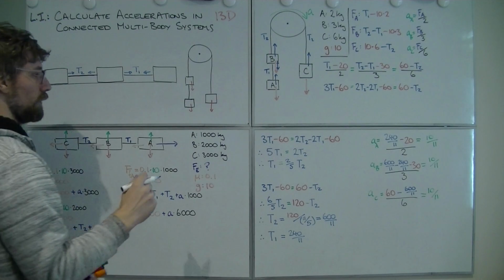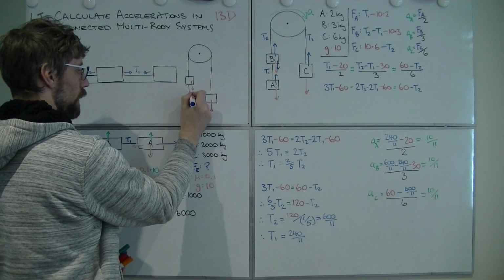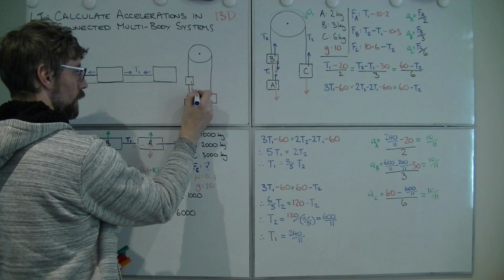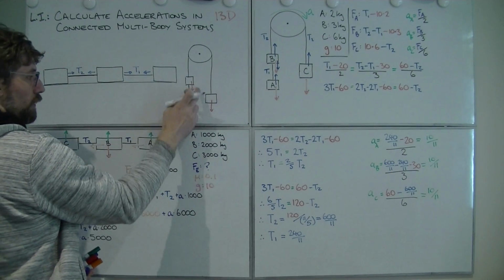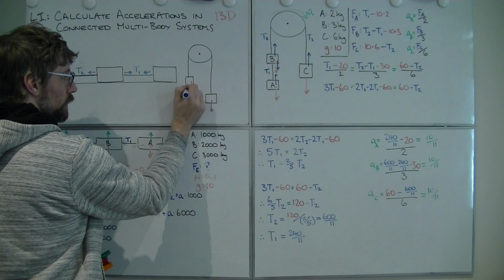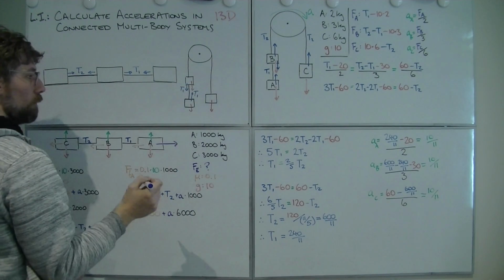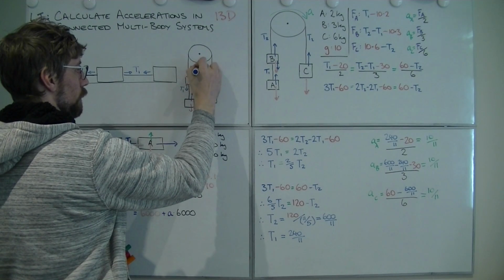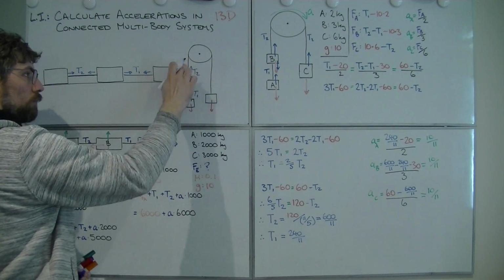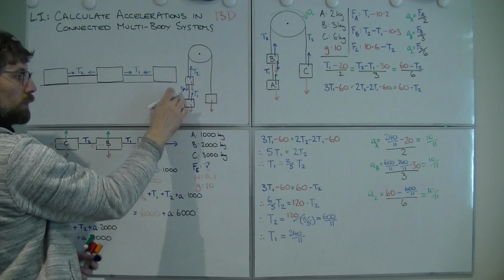Assuming everything is staying still for now, well, then there would have to be a tension pulling up this way. Call that T1. Great. Well, we've established that the tension in the string must be the same in both directions, so there must be T1 going down.